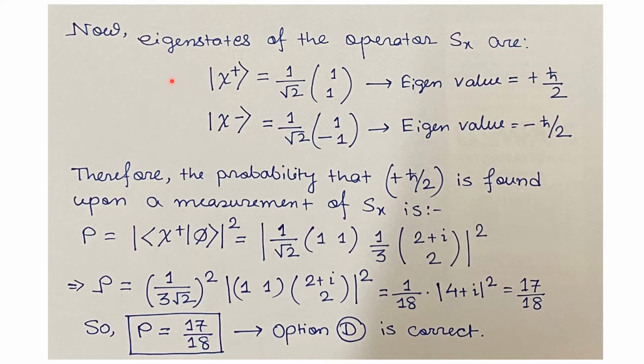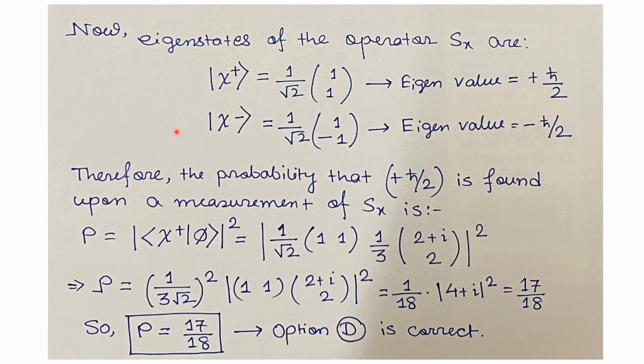The first eigenstate is chi plus, that is 1/root 2 (1, 1), and it has the eigenvalue plus ħ/2. The other eigenstate of the Sx operator is chi minus, that is 1/root 2 times the column matrix (1, -1), and it has the eigenvalue minus ħ/2.